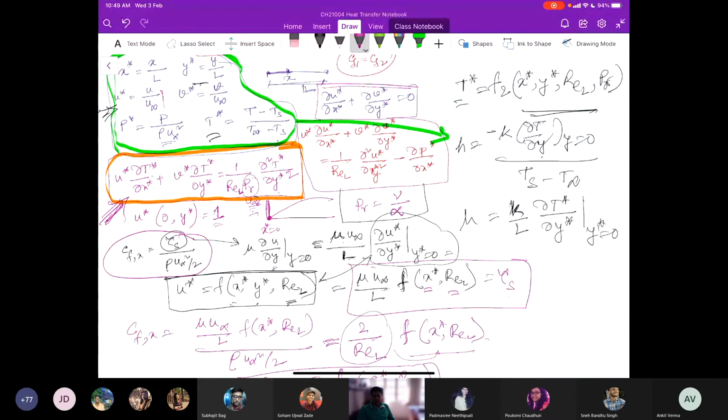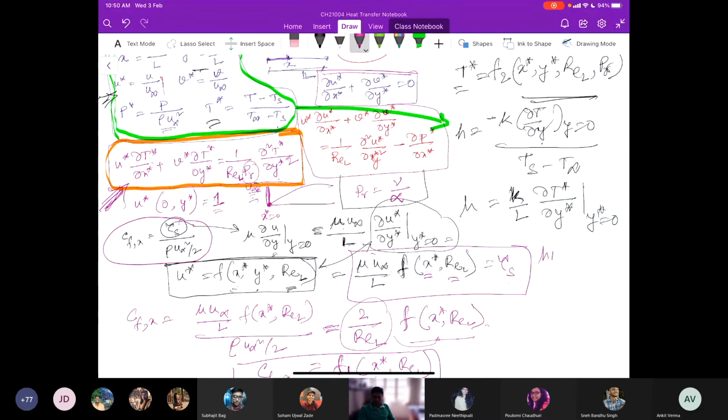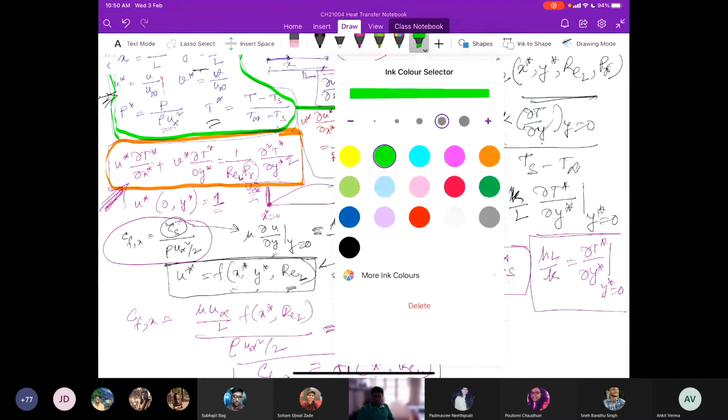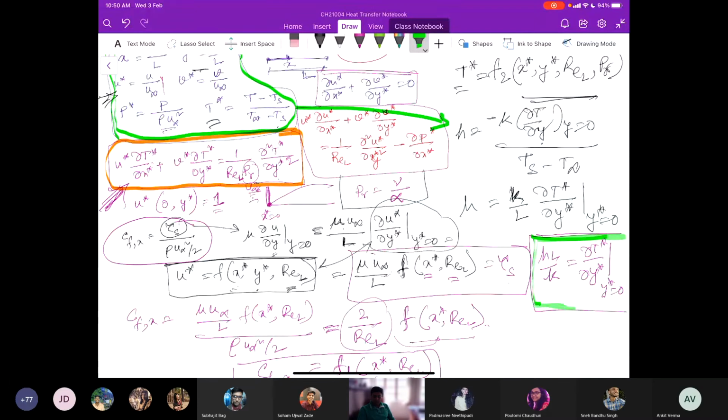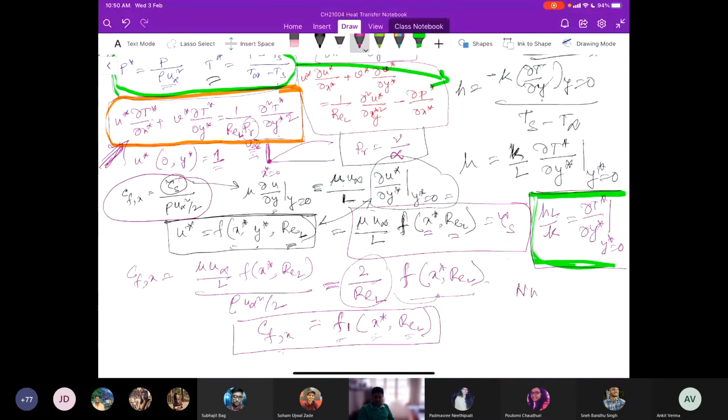Now, if we just rearrange this expression, it is nothing but hL by k equals this, which is the Nusselt number. So that means Nusselt number can also be defined as the non-dimensional temperature gradient at the surface.